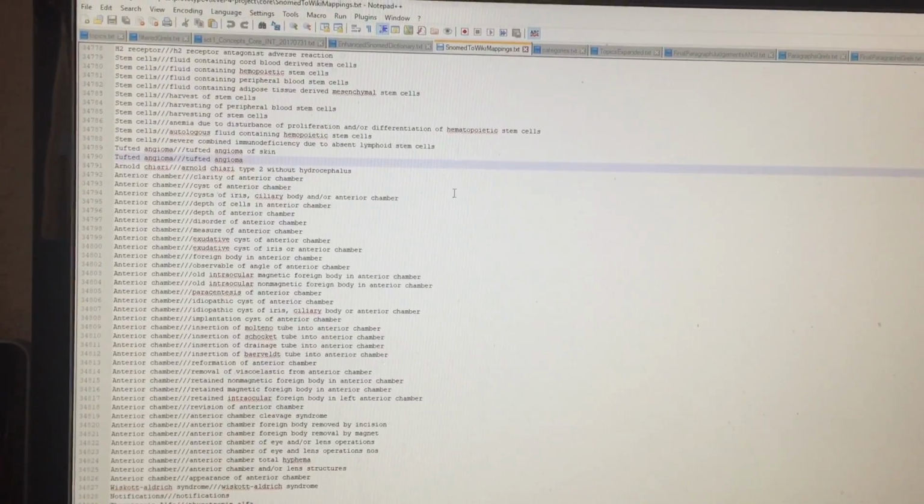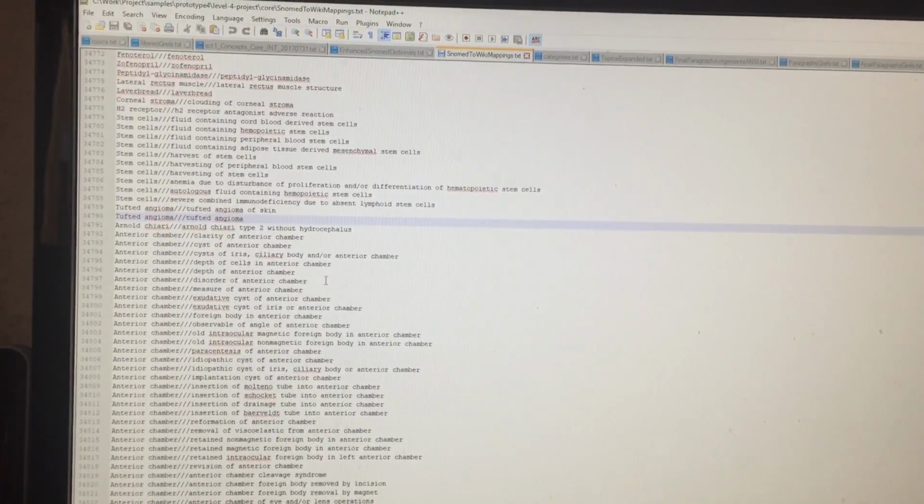Next, the SNOMED to Wikipedia mappings. Like I mentioned earlier, a lot of the SNOMED concepts are very similar, so a lot of them map to the same Wikipedia entity. On the left are the Wikipedia entities, and on the right are the SNOMED concepts.